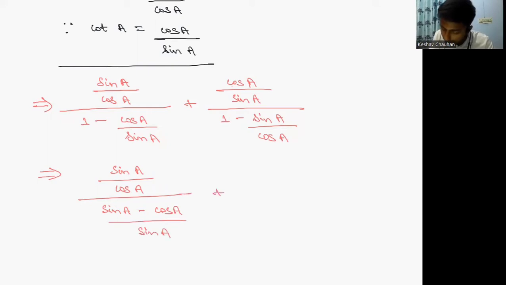We'll do the same thing in this term as well. Cos A upon sin A. LCM would be cos A here. So it would become cos A minus sin A.